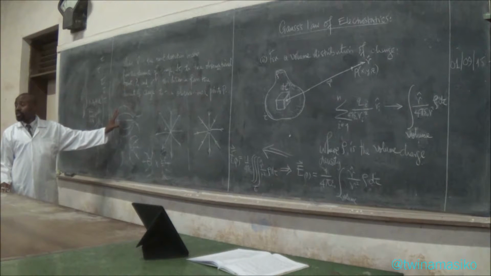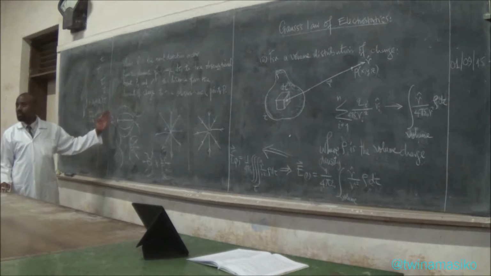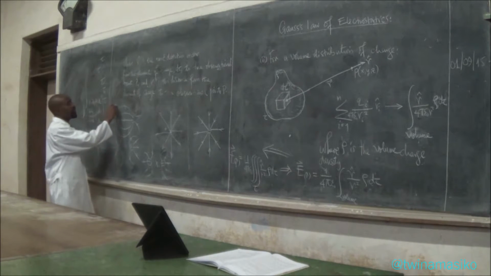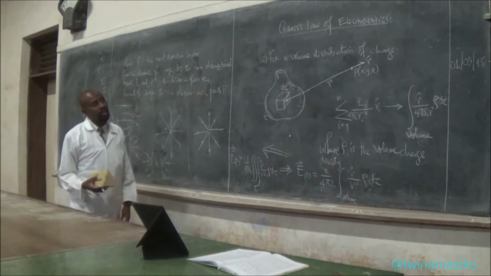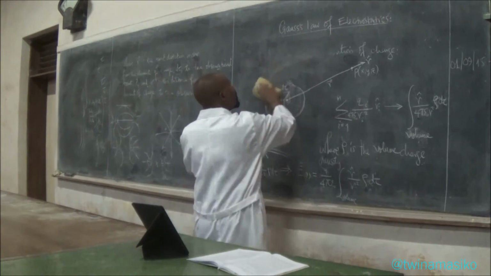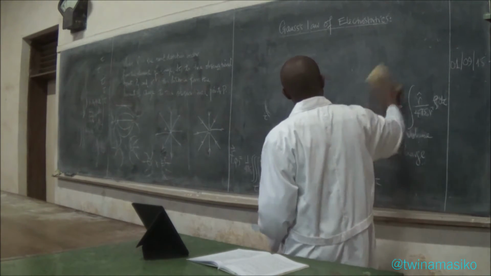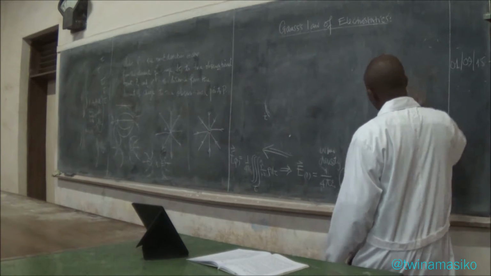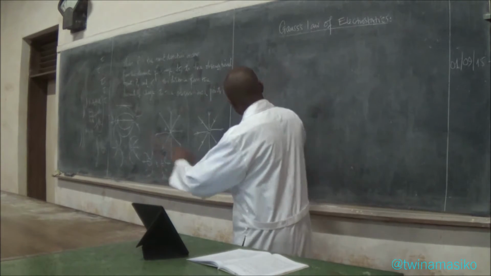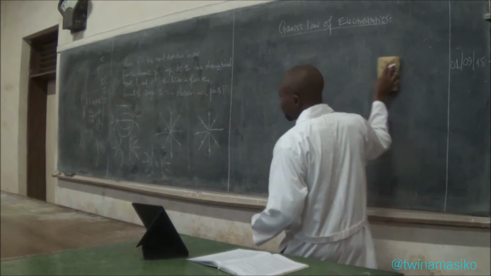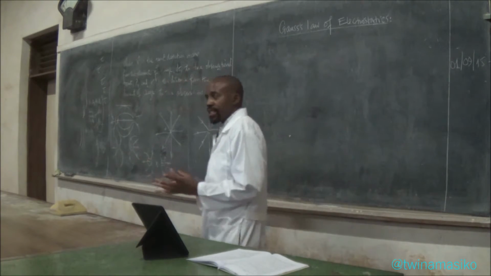So it's all about these field lines. Field line properties in electricity and magnetism: they should not cross each other. They emanate from the positive to the negative. If you want to know their strength, you get a tangent along its curve and you'll be able to get the force. So it's all about these field lines, and when we get a bunch of them at a given point, then we are able to talk about their intensity.